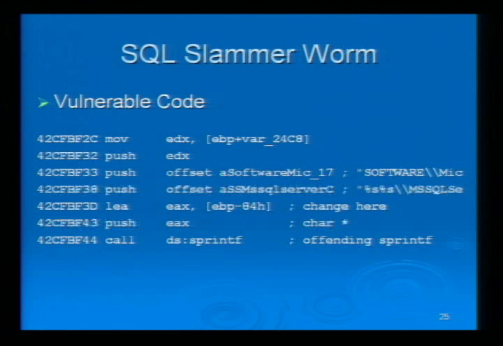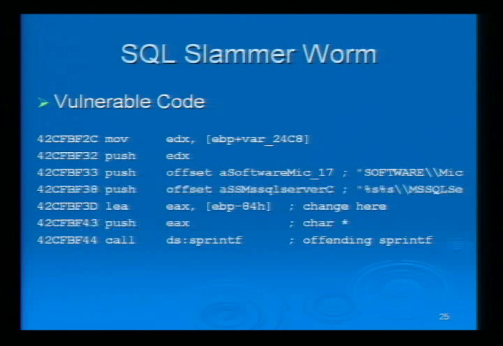Right above the sprintf call, there's a push EAX. That is your buffer that's going to be the destination for all of this stuff. So if we can get a large value into that buffer represented by var_24C8 at the top, all that text gets squeezed in between the two static text snippets, with one being your format string and the other one that ends up on the tail.